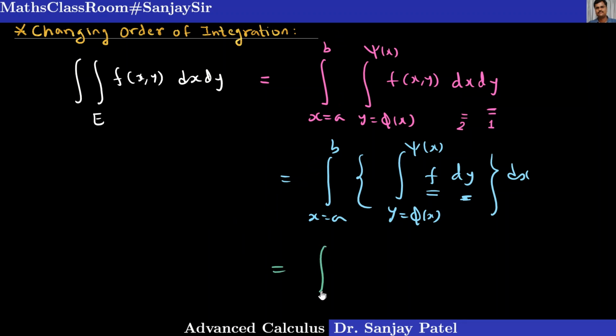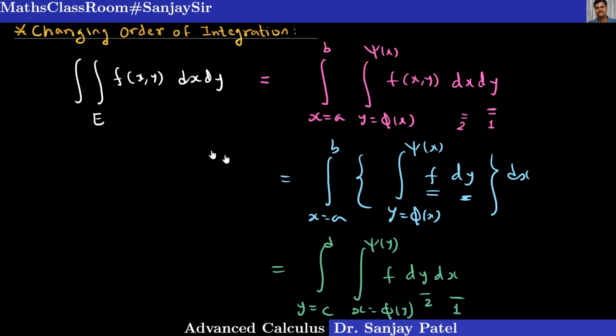One can write this same integral, if the region can also be expressed in terms of four curves, y is equal to c to d, and then x is equal to phi of y to x is equal to psi of y, f dx dy. So first it is integrated with respect to x and then with respect to y.